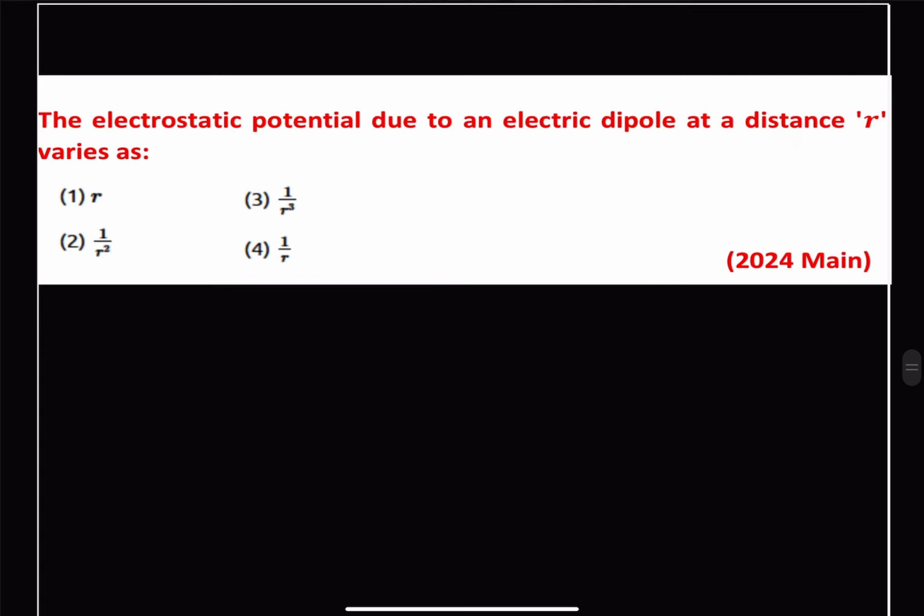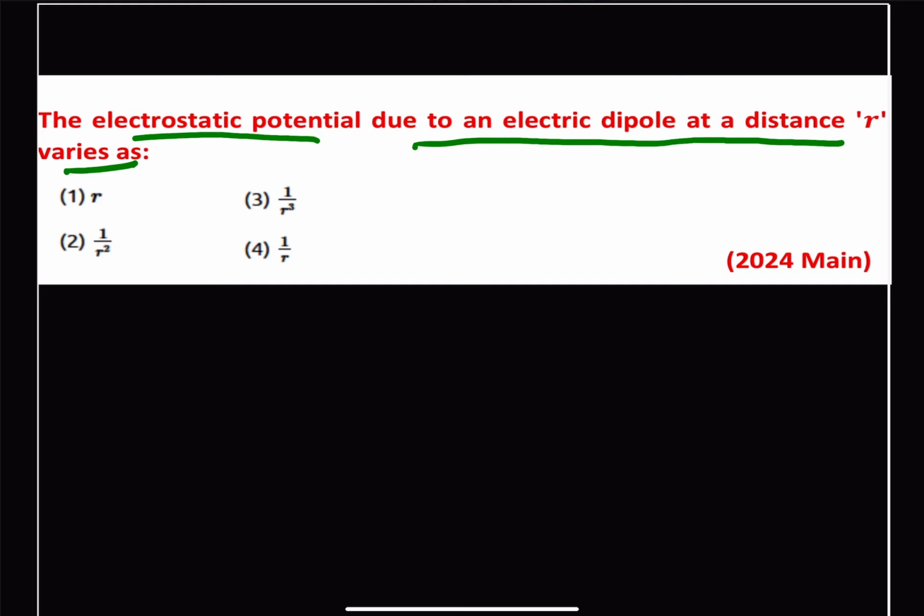It states that the electrostatic potential due to an electric dipole at a distance r varies as. So this literally asks the general formula for the electric dipole at a distance r, and here the distance r is not mentioned whether it will be at the equatorial line or on the axial line.